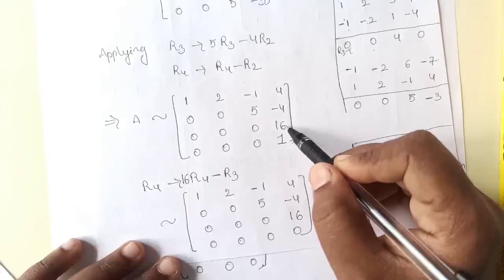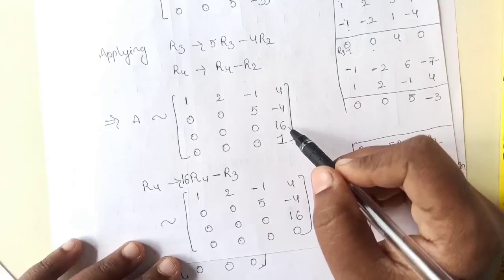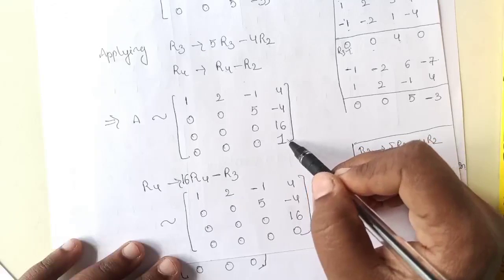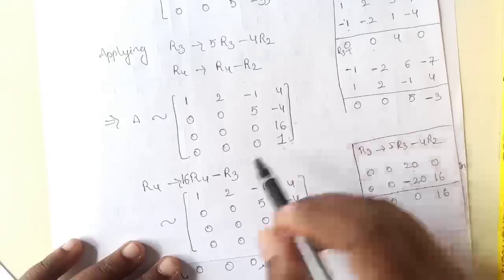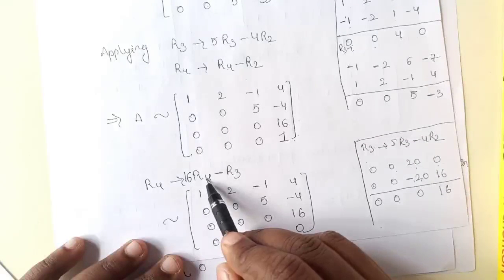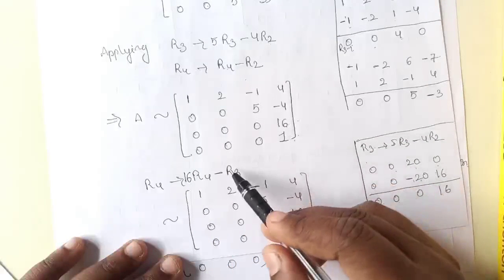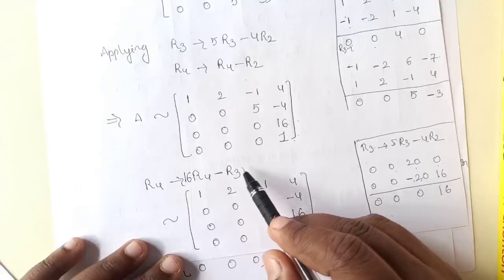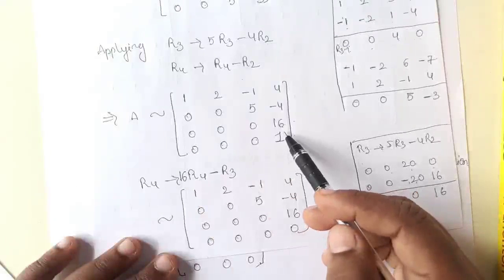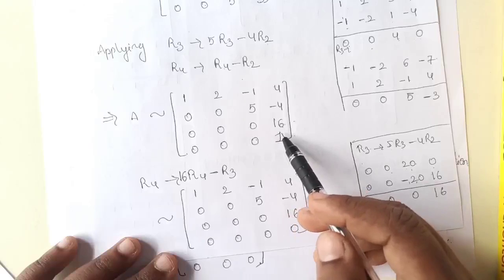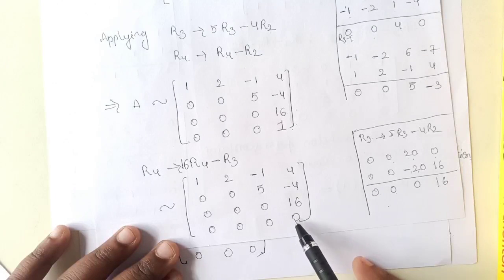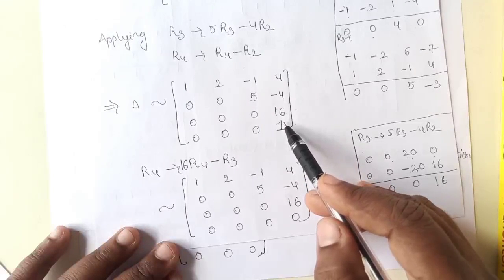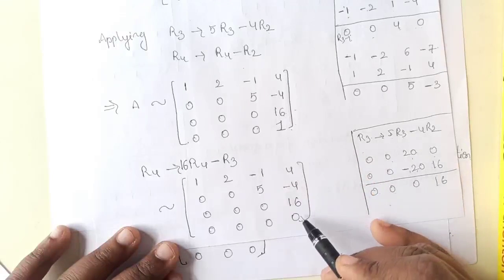Because here we have 16, R4 is multiplied by 16 and R3 is multiplied by 1, that is 16 into R4 minus 1 into R3. Because only one element is there, we can directly calculate it. So we get 0, 0, 0, and 16 into 1 equals 16, 16 minus 16 equals 0.